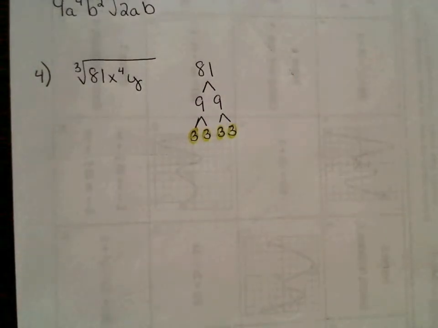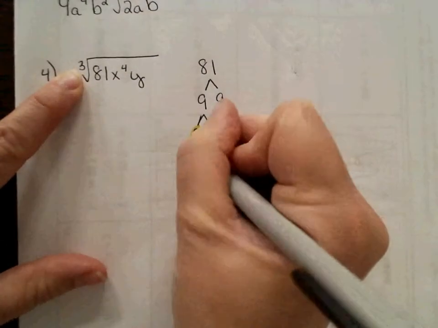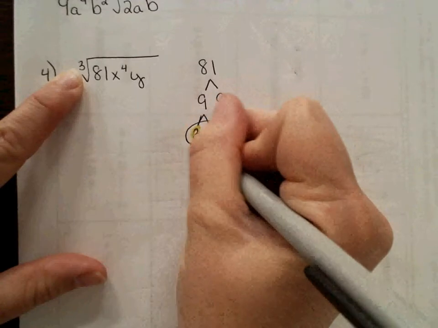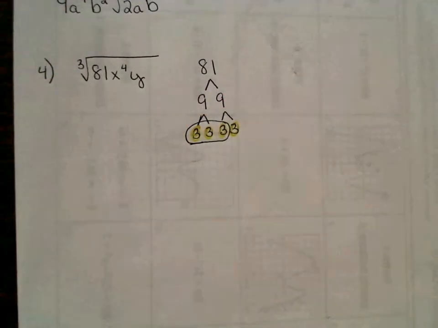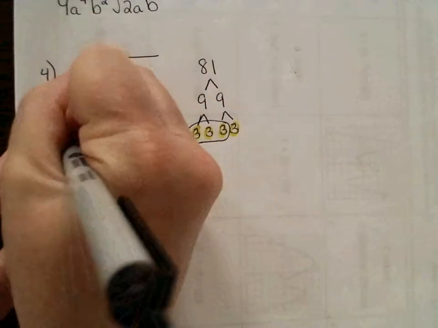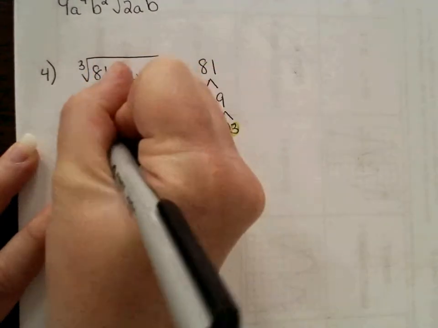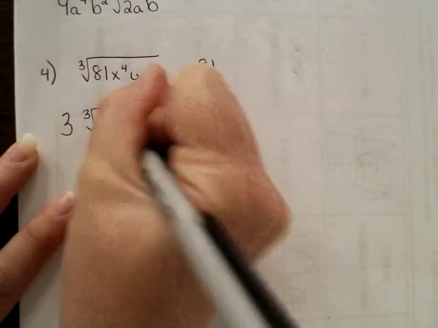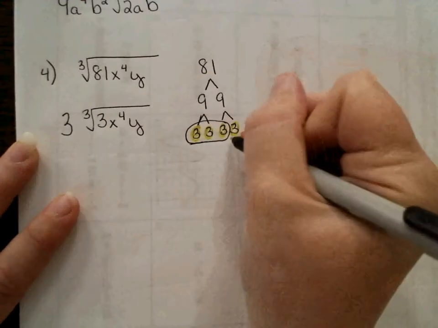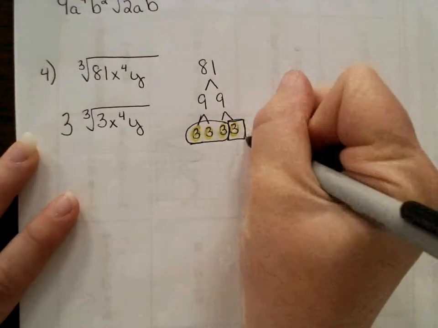Okay, I need to make groups of how many? 3, because this is a cube. So a 3 would be on the outside, and a 3 would go on the inside. Is it because the 3 is left? Yes, it's because you have 1 3 left.